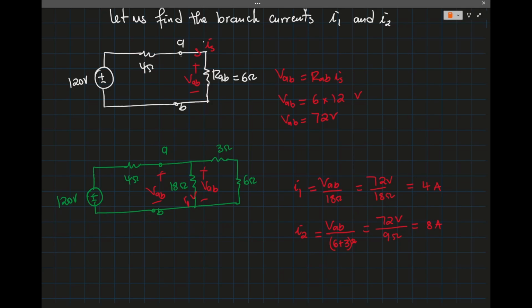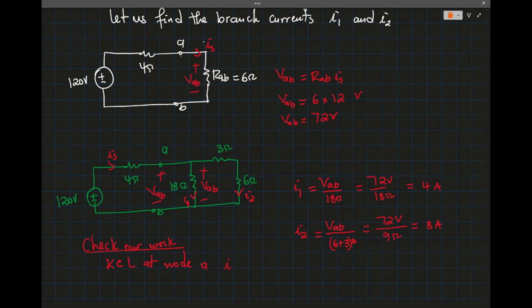So when you write KCL at node A to check your work, this is IS and this is I2.